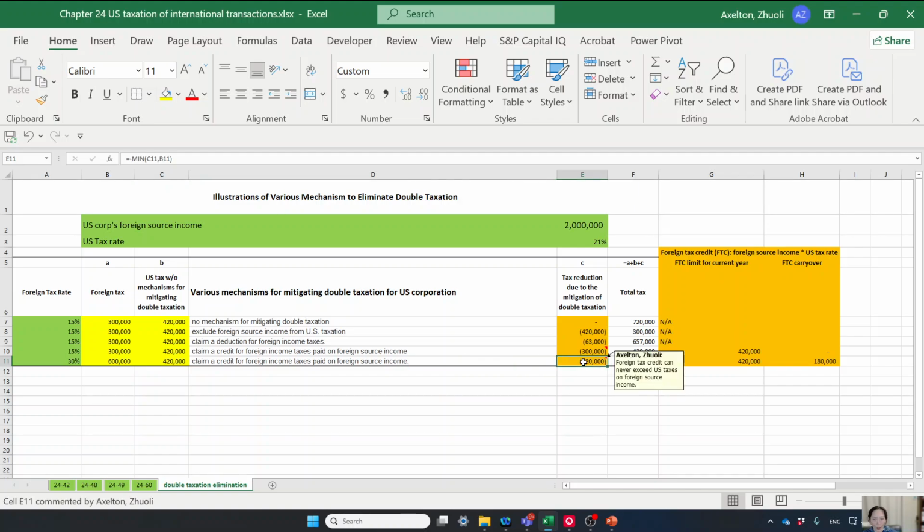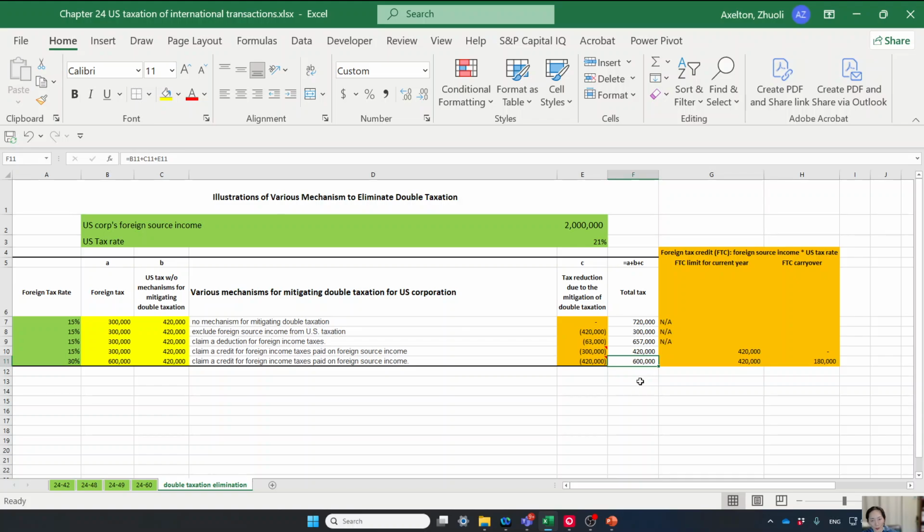Then only the smaller of the two will be creditable. That means the foreign tax credit can never exceed the U.S. tax paid on the same income. So in this case, because the $600,000 is more than the 420, the foreign tax credit is only 420,000. So we'll be limited to the 420,000.